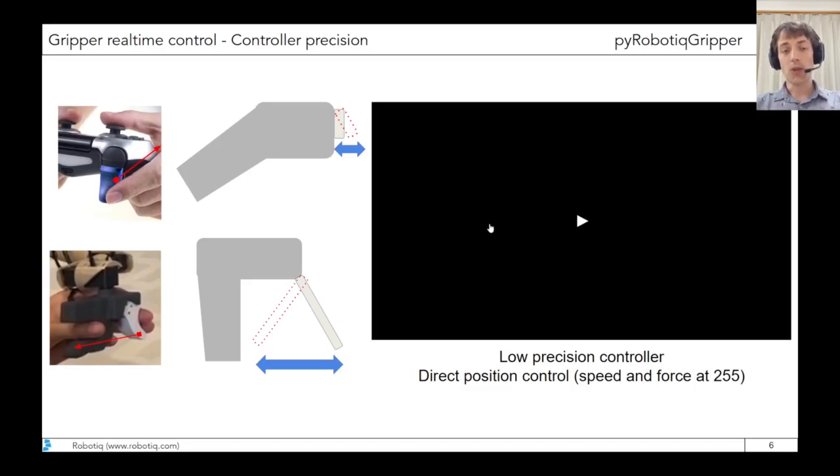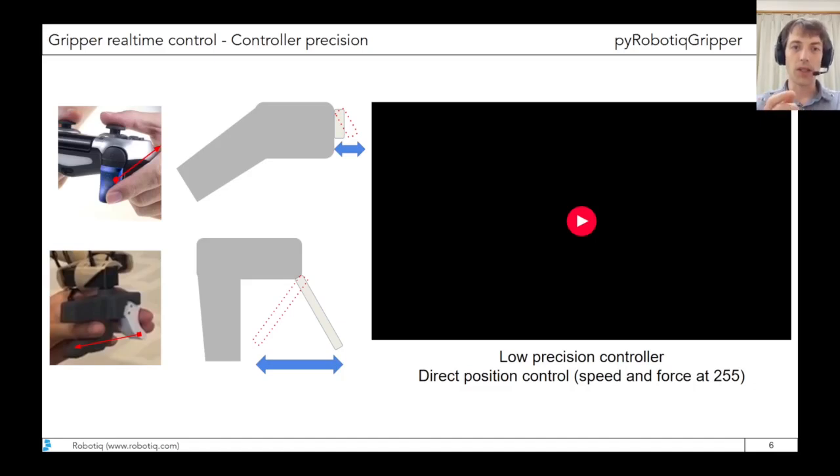It's important when you do a real-time control application to have a good controller, a controller that is precise enough for you to send a proper input signal to the gripper. For example, on the top here, you have a basic game controller with a trigger.